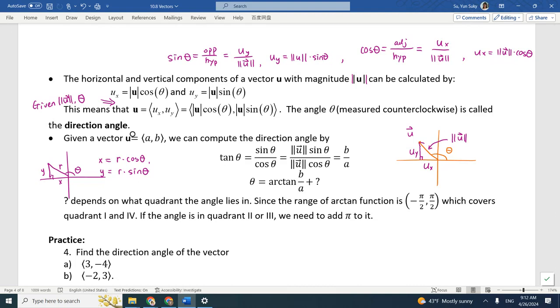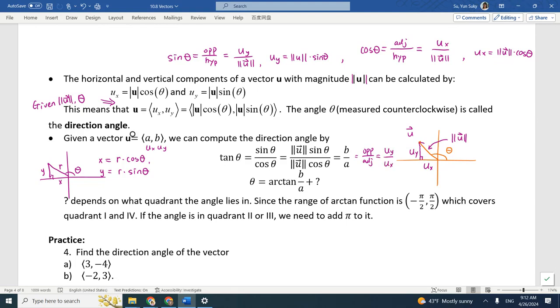In the component form, ux is like A and uy is like B. Tangent theta is opposite over adjacent, and opposite is uy, adjacent is ux.